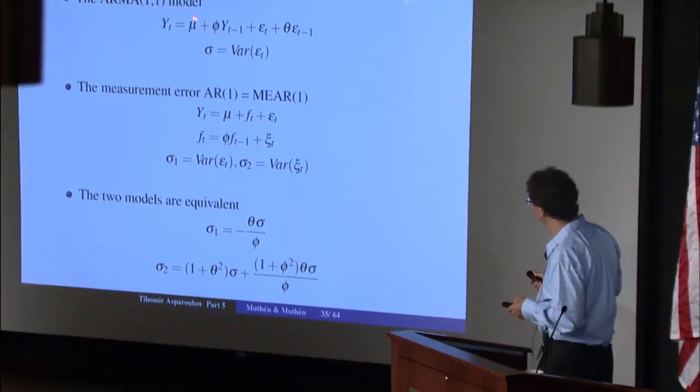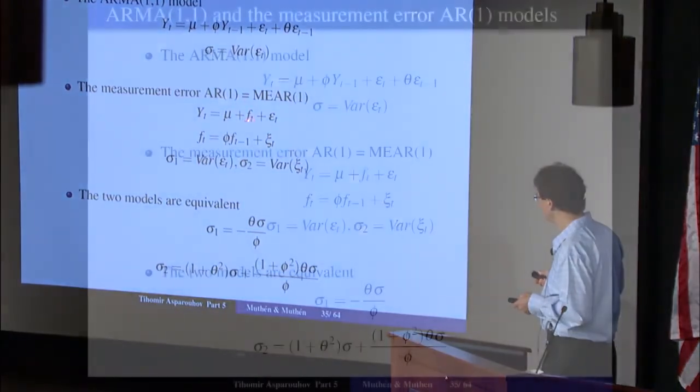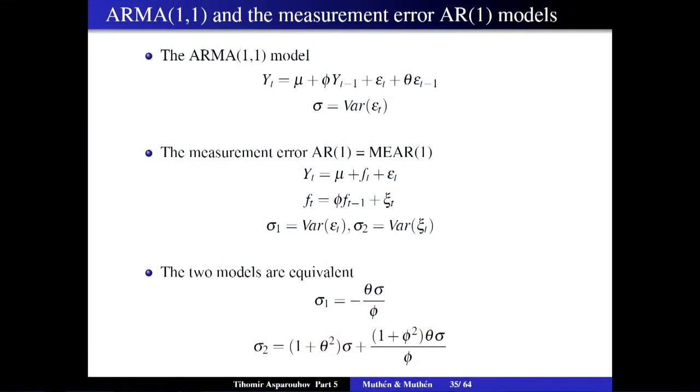The MEAR1 model is a model where you have a single indicator for a factor at time t, and then you have an autoregressive equation for that factor. So it's a single indicator model, something that's not identified in general in standard SEM, but in this time series modeling, it's actually identified.